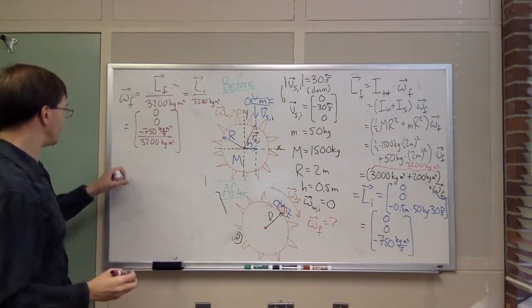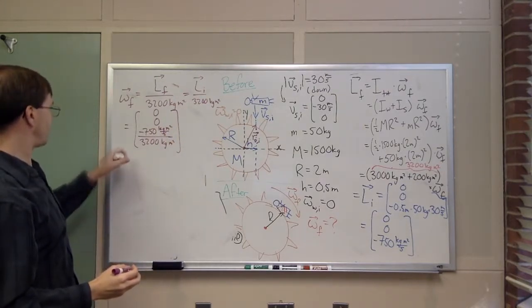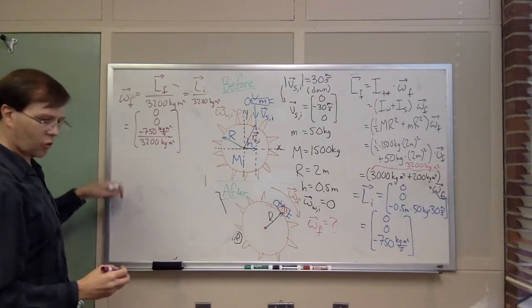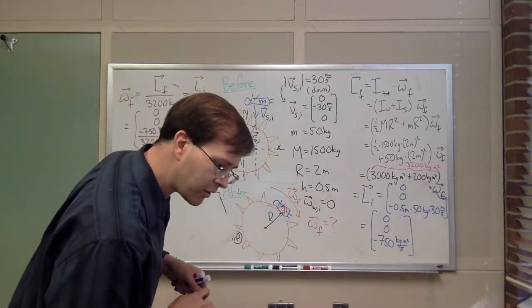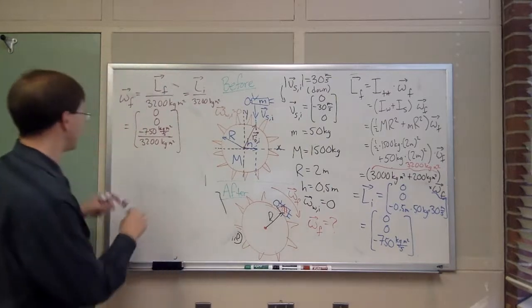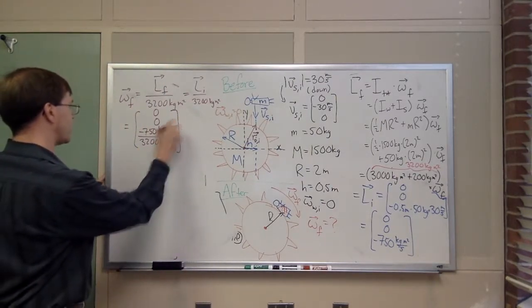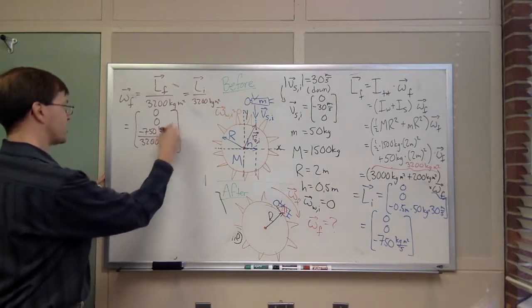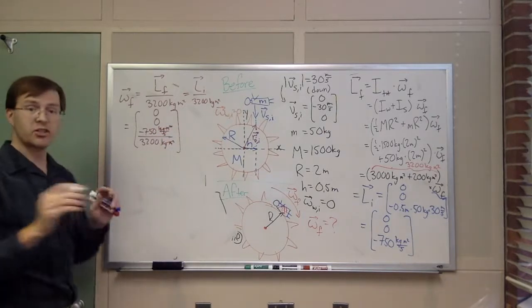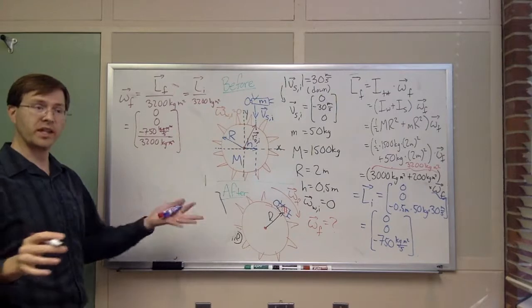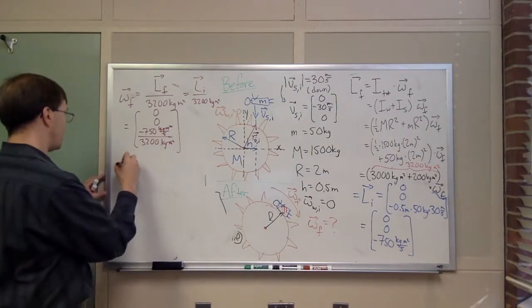You can already see it's going to be a little less than a quarter. I should pull out a calculator. The kilogram meter squareds cancel out, so this comes out to be 1 over seconds. That's good because that's the same as radians per second. Radians are a sort of ghost unit.